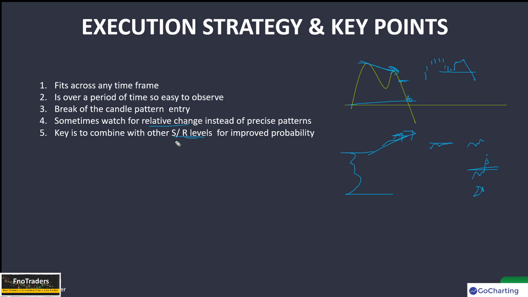So don't look for absorption across any price point, but look at previous support resistances and see if absorption is coming in at those places. You have a higher probability of win if you're doing that. So don't get into an absorption trade at any price level, right? Combine it with your resistance level areas, and you have a beautiful setup in place.